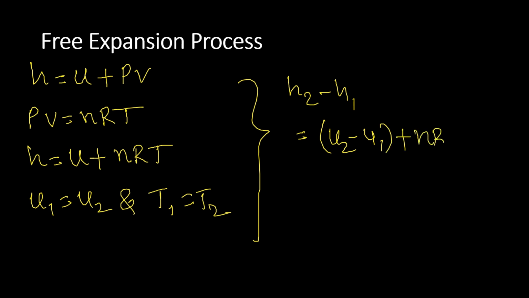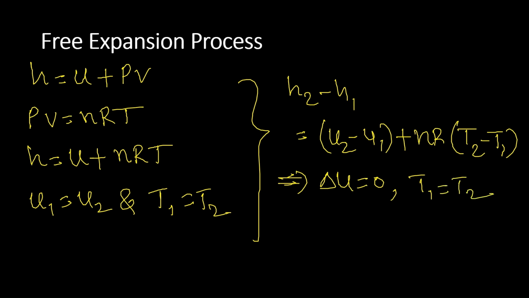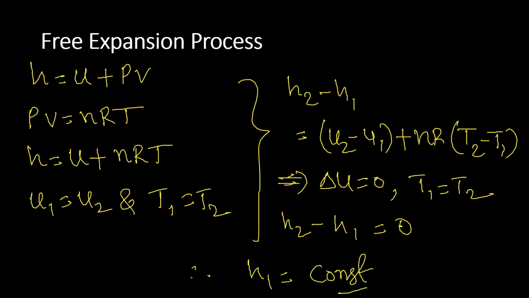We know delta U is equal to 0 for free expansion process and T1 is equal to T2. So, by substituting those two, we will have H2 minus H1 is equal to 0. Therefore, enthalpy is constant in free expansion process.